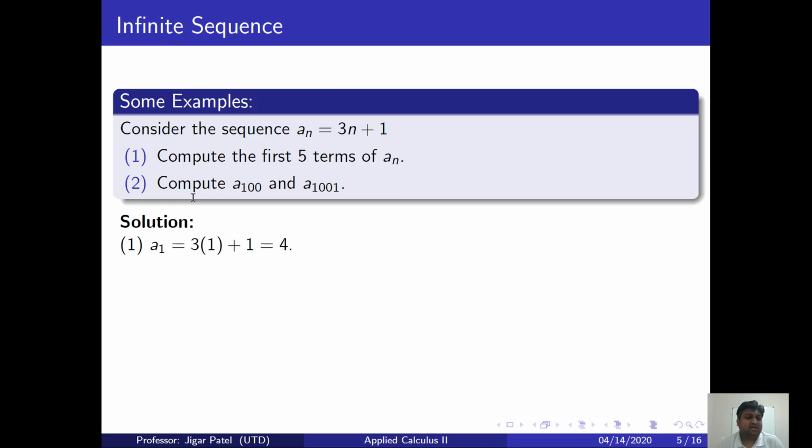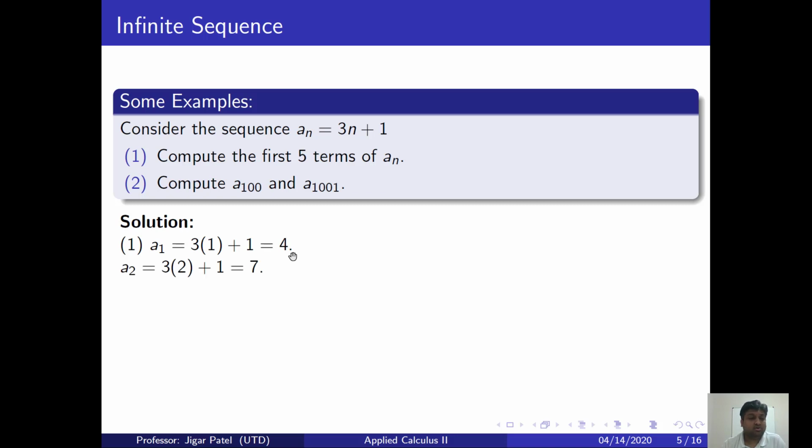The intention is very clear: plug n equal to 100 to compute the 100th term and n equal to 1001 to compute the 1001th term. Plugging n equal to 1 gives me 3 times 1 plus 1, which is 4.